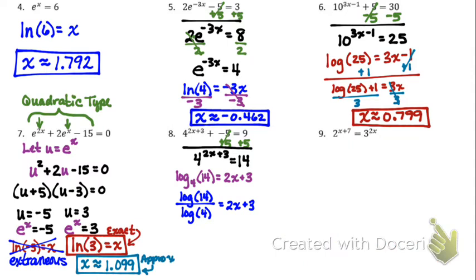What would I need to do as I continue getting x all by itself? Subtract 3 from both sides. So I'm going to have log of 14 divided by log of 4 minus 3 equals 2x. Divide both sides by 2, and I have to remember to divide everything on the left by 2.